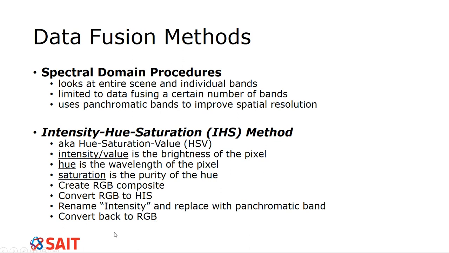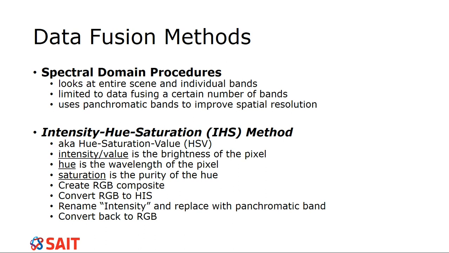So once you've converted it, you're going to rename and replace the intensity image with the panchromatic image. I'm going to pull the intensity out of its slot, because that's just telling me the brightness, and then I'm going to replace that with panchromatic. So now instead of being an HSV image, it is now a hue, saturation, panchromatic image.